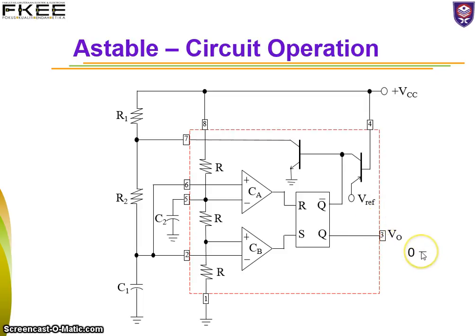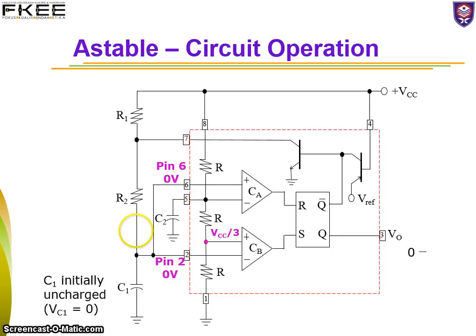Initially the output is 0, and at this moment your capacitor C1 is uncharged, meaning that VC1 is 0. Since pin 2 and also pin 6 are connected to the capacitor, pin 2 will receive 0, and similarly pin 6 is also 0.